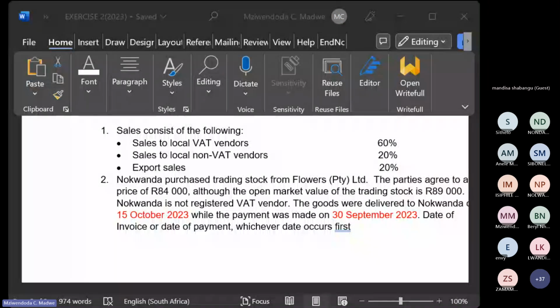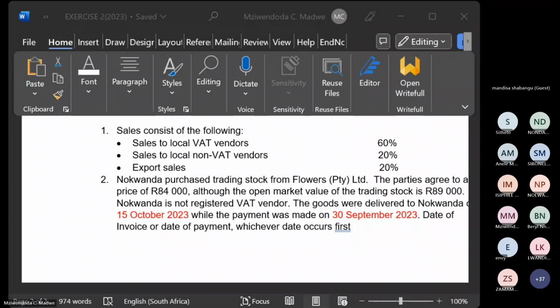We'll use a payment date as the time of supply since the payment precedes or occurs before the delivery. That is what I was trying to say.